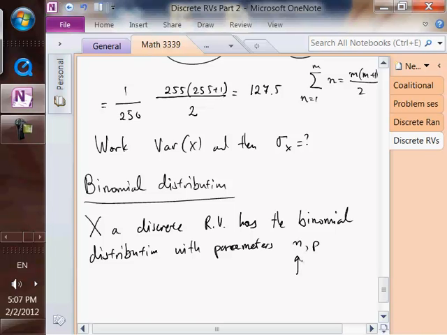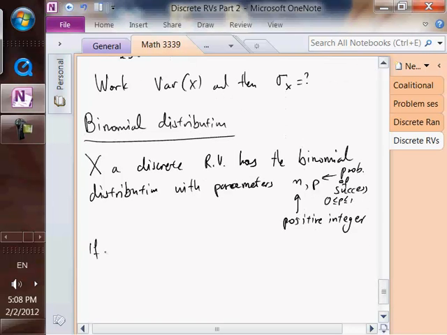Now, n is a positive integer. p is the probability of success. That's what it will turn out to be. And the value of p will be between 0 and 1 as before.